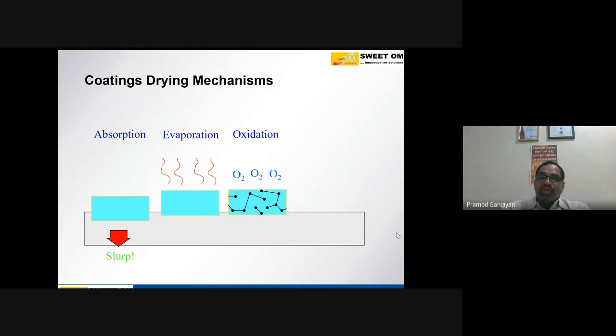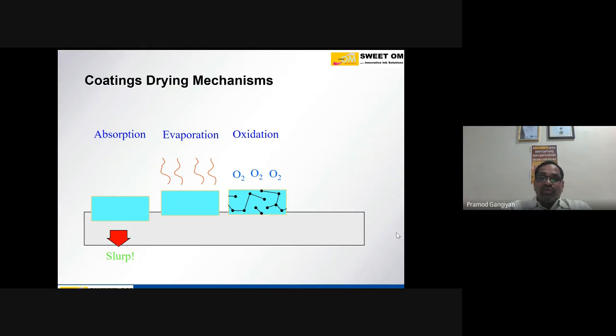The coatings can be applied or cured just by absorption. So the basic example is the paper coatings. All paper coatings are basically dried or cured just by absorption. The paper absorbs some part, even the coatings or the paint which is applied on walls or masonry, some part is absorbed, some part is evaporated, and there is a cross linking as well, whether it is oxidation or a chemical curing.